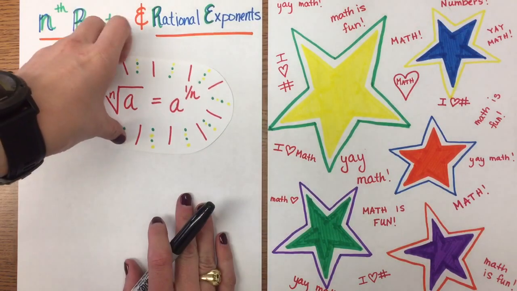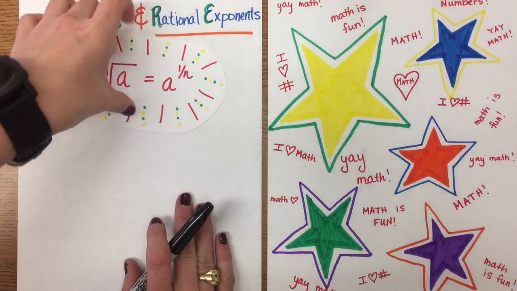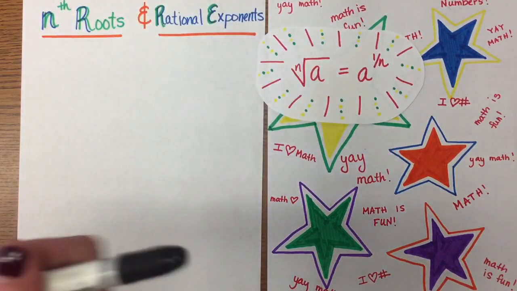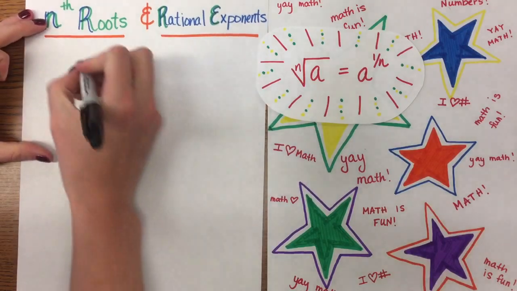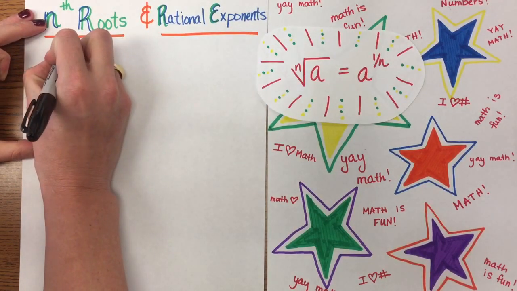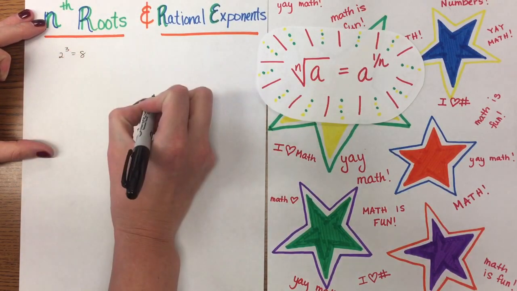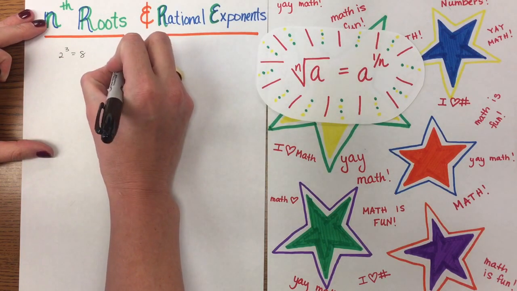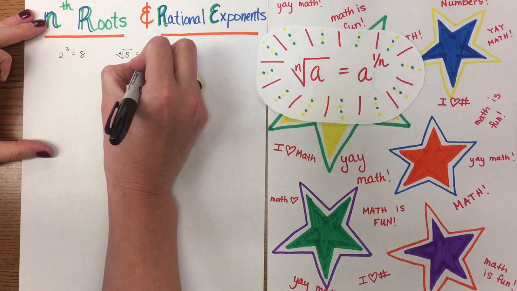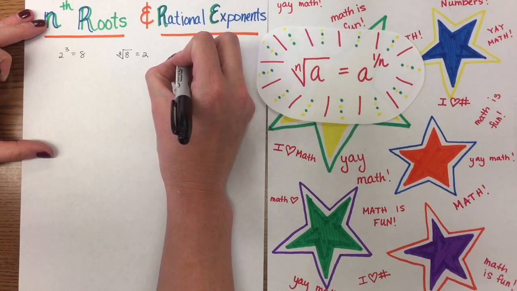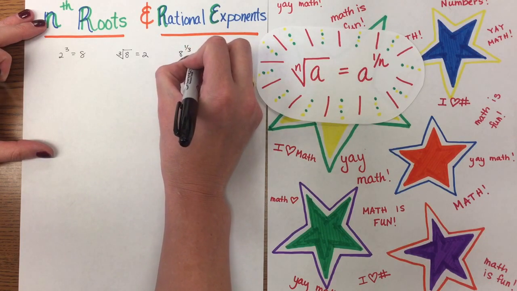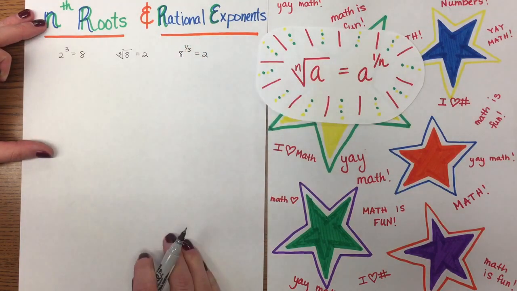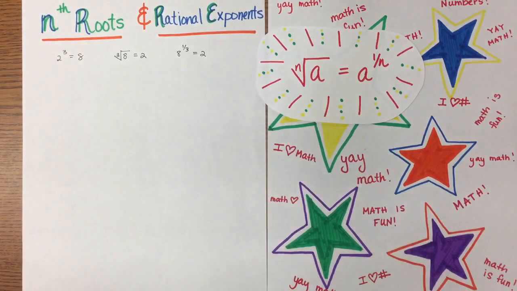For example, if 2 cubed is equal to 8, I can take the cube root of 8 and get 2, or I can take 8 and raise it to the 1/3 to get 2. So these are going to be equivalent statements.